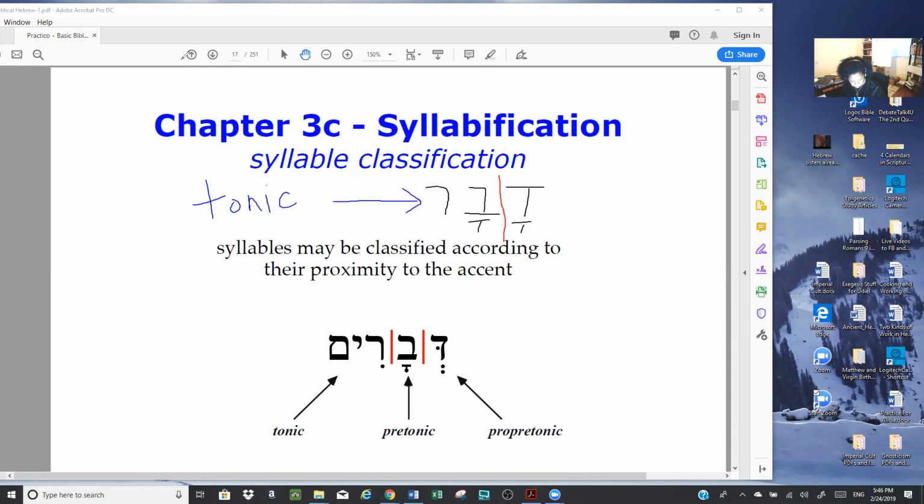So in the word da-bar that I wrote out, the syllable da is the pretonic, because it occurs before the tonic syllable.